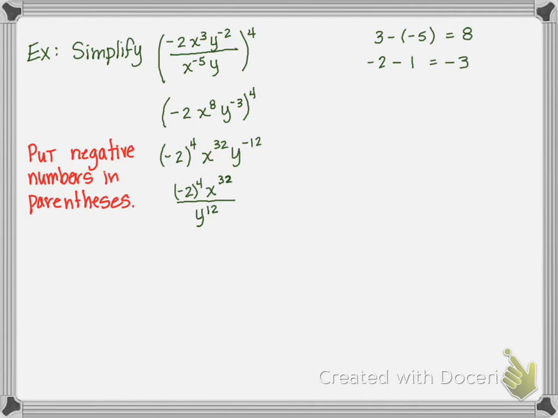So do you want us to simplify the -2 to the 4th power, like in the problem, or not? I don't really care, but some people have a hard time resisting. That's okay, but do it as your very last step. At this point, you could write this as 16x to the 32nd over y to the 12th.